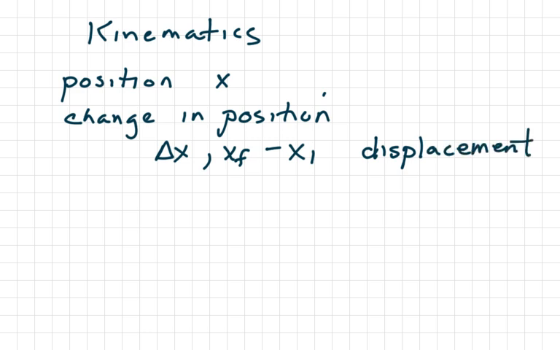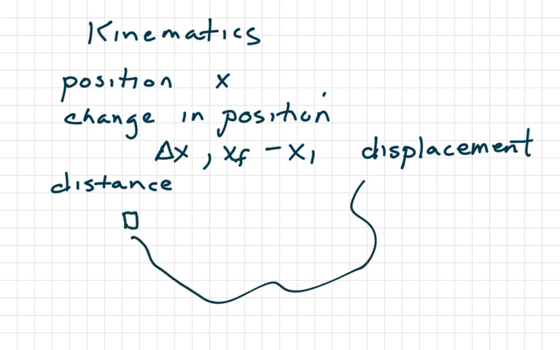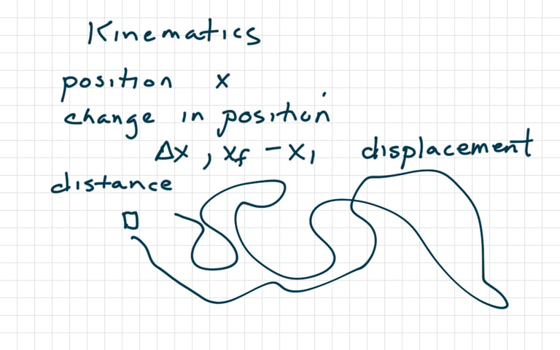And it bears noting that this is a different quantity from distance, which is the total distance traveled. Displacement is simply the difference between your final position and your initial position. For example, if I start at this box here, and I go all the way around here, and I finish at the same box, I have a displacement of 0.